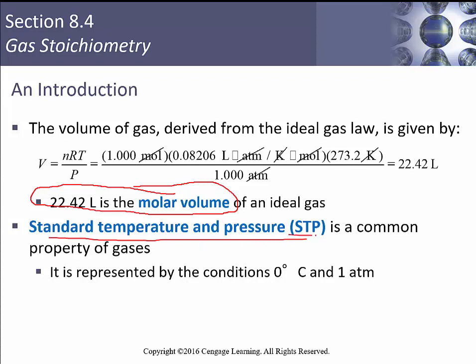So STP is going to be a common reference for gases, and that's represented with 1 atmosphere of pressure and 0 degrees Celsius, so 273.2 Kelvin.